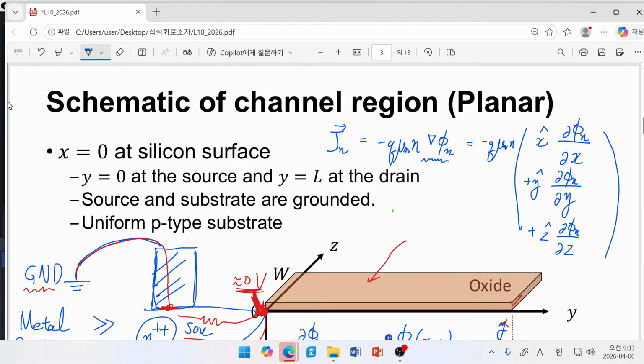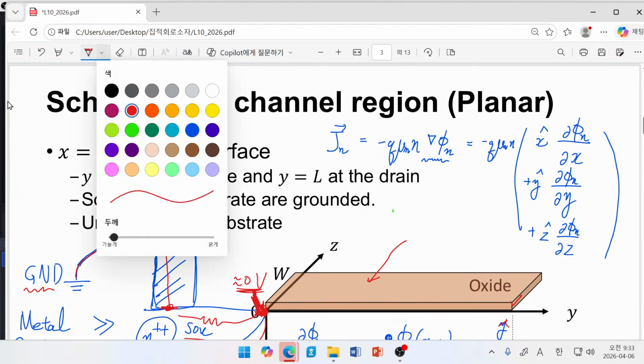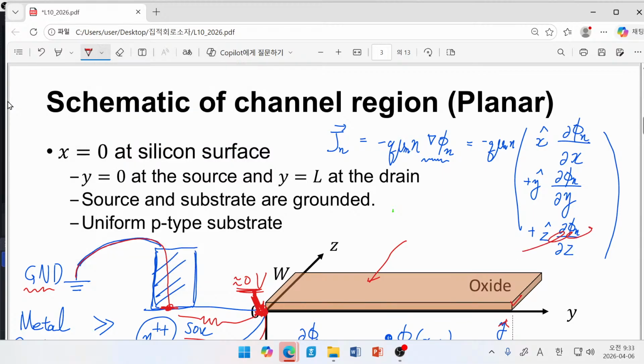But in our notation or in our system, we can safely say that this z-directional partial derivative does not exist because we assume that everything is just uniform along the z-direction. So this is just trivial. But the point is, if we allow this general form, then we can say it in this way. Please try to calculate the x-directional component of your Jn, and please try to write down the y-directional component of your Jn.